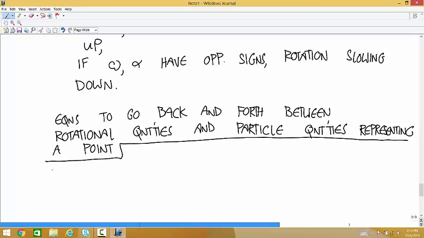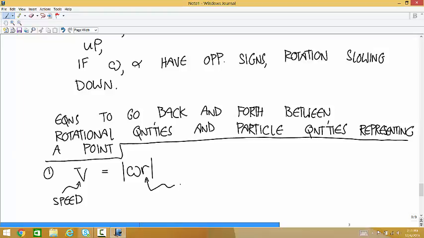The first one of these goes back and forth between the speed of an individual point and the angular velocity of the body. So the speed of an individual point is equal to the absolute value of the angular velocity times r, and I'll tell you what these are. This v is the speed. That's the angular velocity.